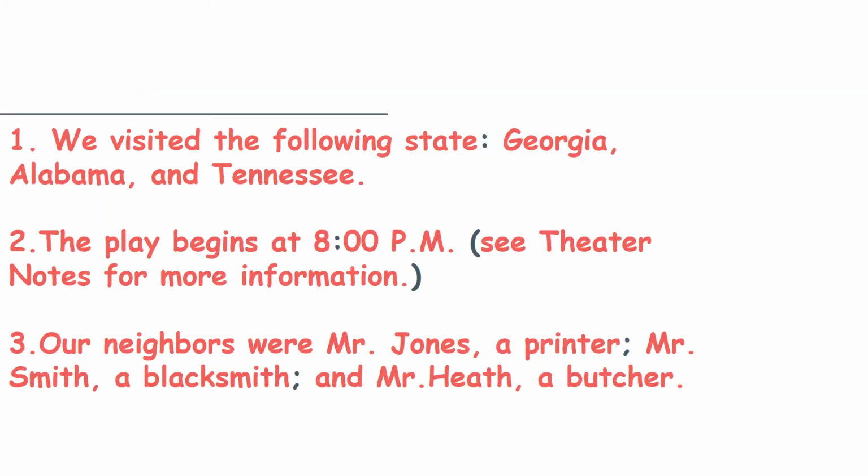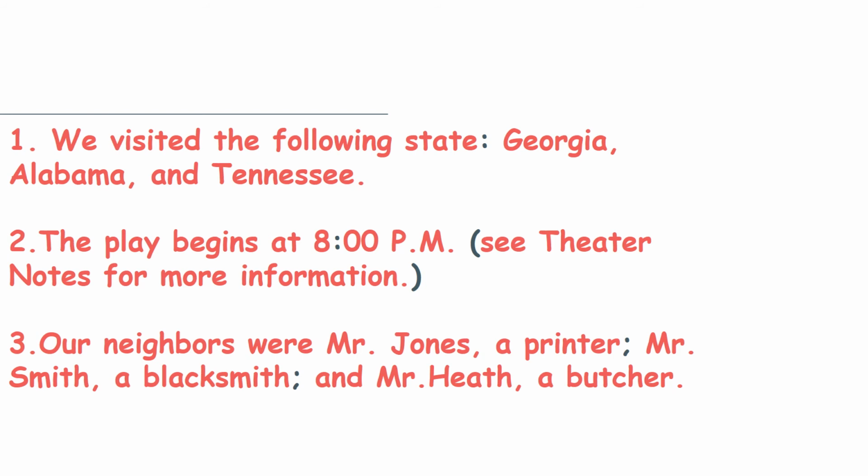Now I want you to open your Reader's Writer's Notebook on page 432. Here, we need to fix the sentences and add the punctuation in the right place. In number 1, we visited the following states: Georgia, Alabama, and Tennessee. So here, because I want to introduce a list, I use the colon.